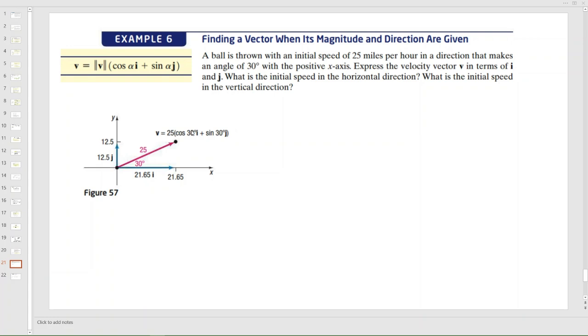Okay, so in this example, the ball is thrown at 25 miles per hour in a direction making 30 degrees with the positive x-axis. So kind of like this picture, and since we know that the magnitude for this vector is equal to 25, and we know that this angle here is 30 degrees, let's substitute and create that vector.